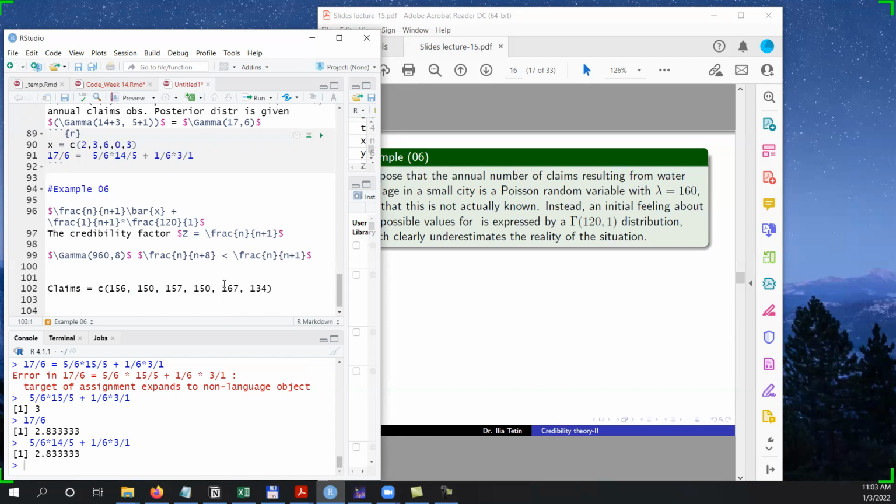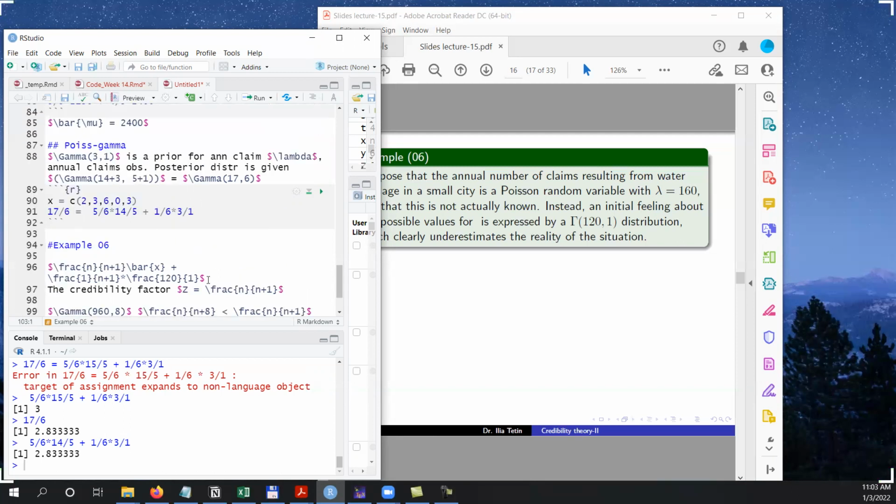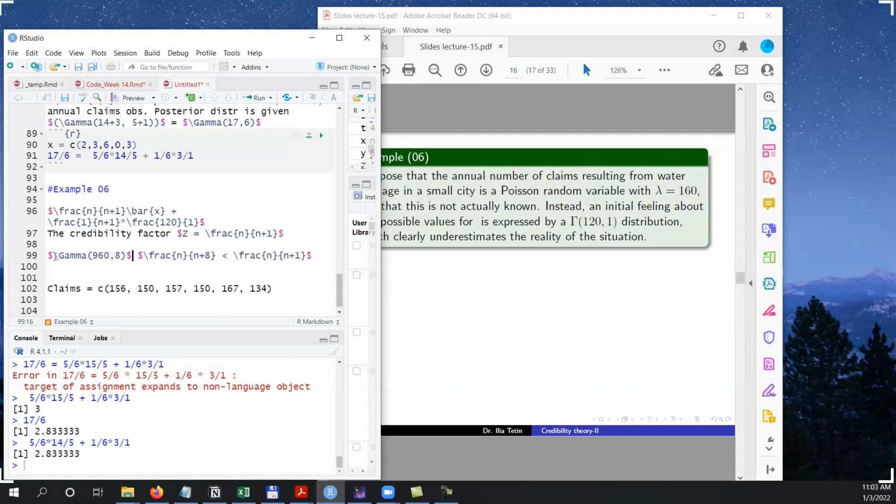And we have the priors: the initial gamma and the next gamma, 120, 1, and 960, 8. So this thing is actually a vector of 138, 142, 146, 147, and 150.